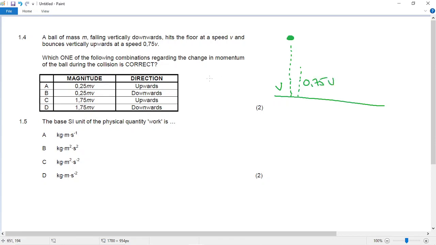So the first thing we know is that this was an inelastic collision, but this does not seem to be helpful with anything going on with the question. It says, which one of the following combinations regarding the change in momentum of the ball during the collision is correct? Now, the first thing that we have to remember is that momentum is a vector, okay?